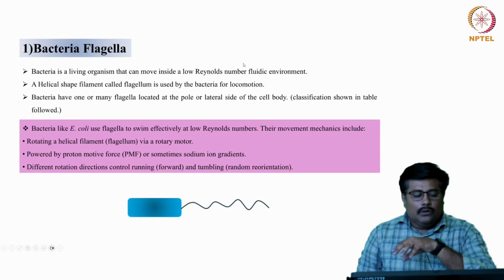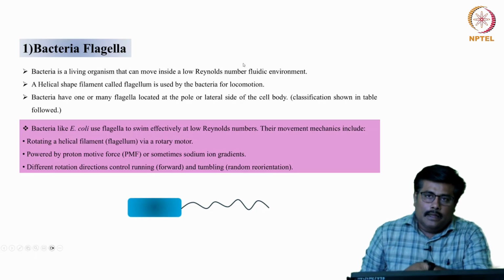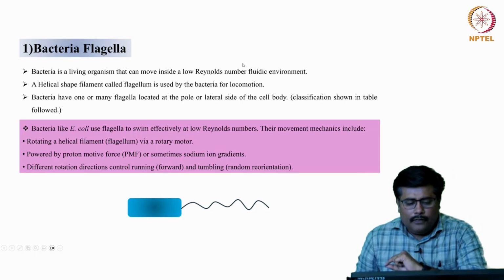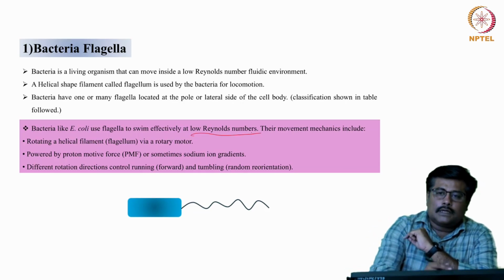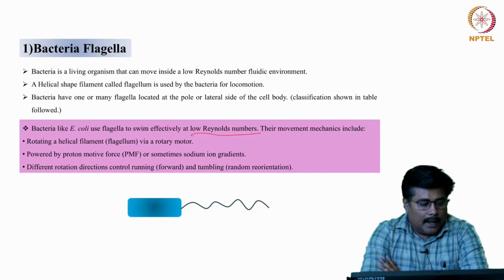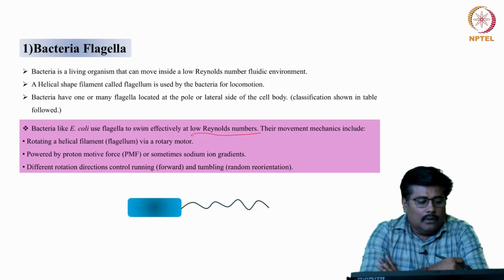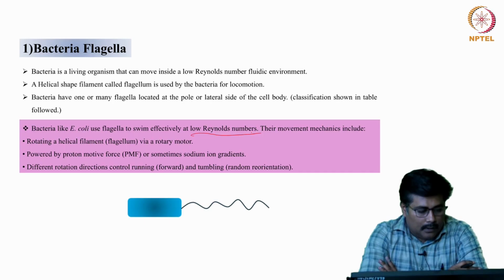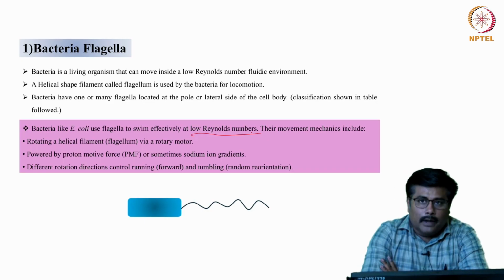Take bacteria like E. coli, which uses flagella to swim effectively at low Reynolds number, which is considered one of the critical parameters. Their movement mechanics involves rotating a helical filament via a rotary motor. It is also powered by a proton motive force, or sometimes sodium ion gradients.